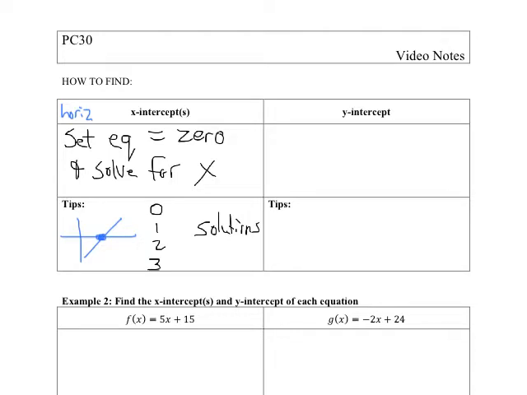However, for linear equations, we typically only have one solution, unless it's a horizontal line, then it's possible to have no solutions. But we'll never have more than one with a linear equation. Later on we'll learn that the degree of the function tells us the number of roots possible.